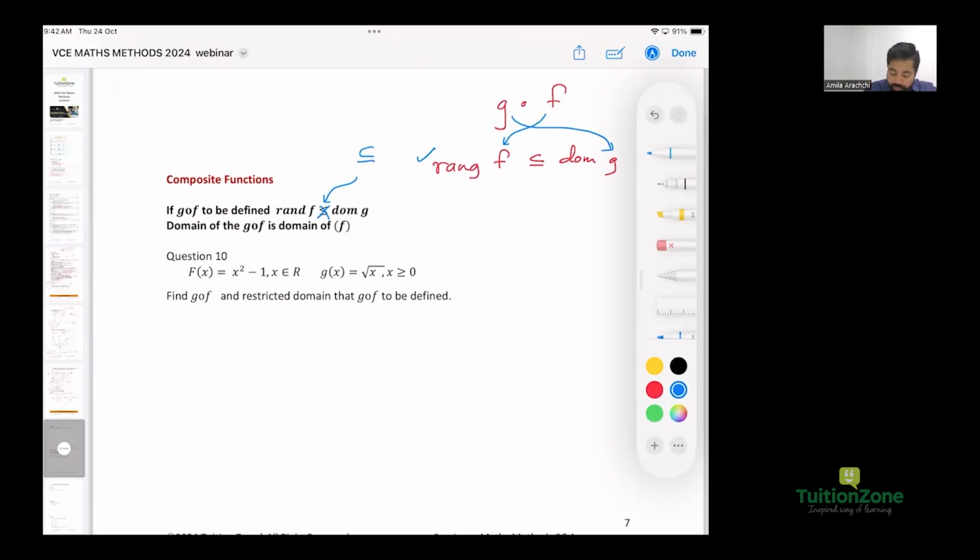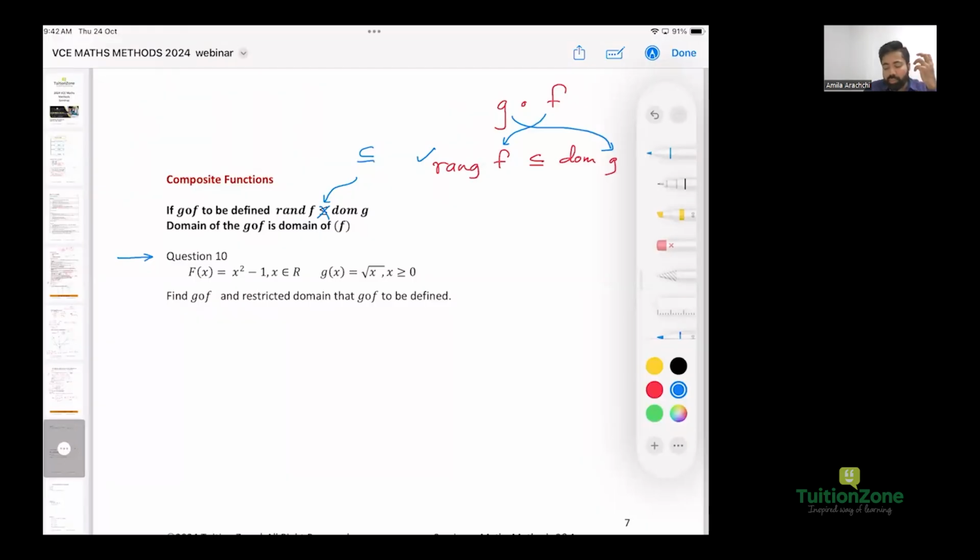All right, I reckon I need to go through these two just in case I haven't touched base recently. Can you do question number 10 to start with? Try number 10 first. It asks to find g dot f and the restricted domain so g dot f can be defined.